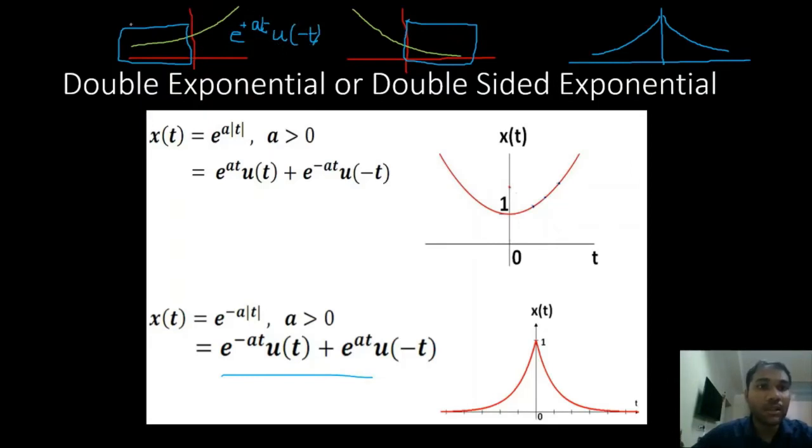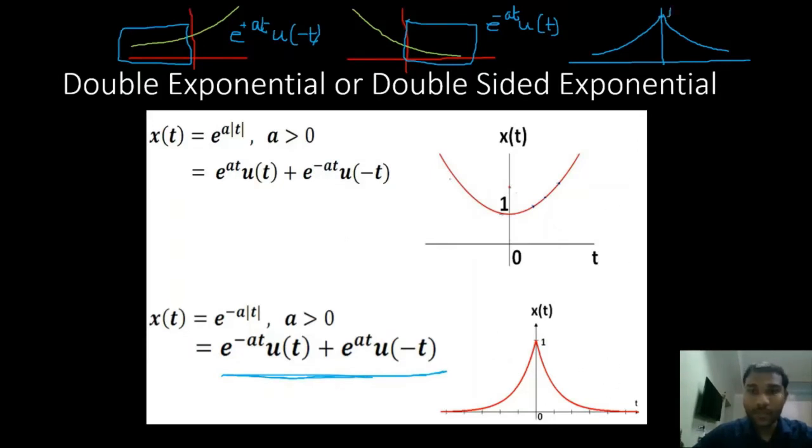If you want only the left half, we multiply it with u of minus t. Similarly, here, the decaying exponential, it is e power minus at. We only want the right half, so we multiply it with u of t. You add these two signals, we get one form of the double exponential signal, right?